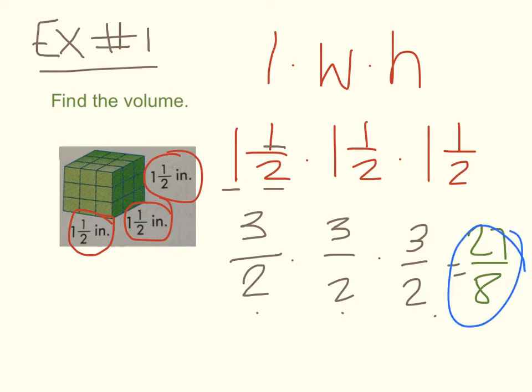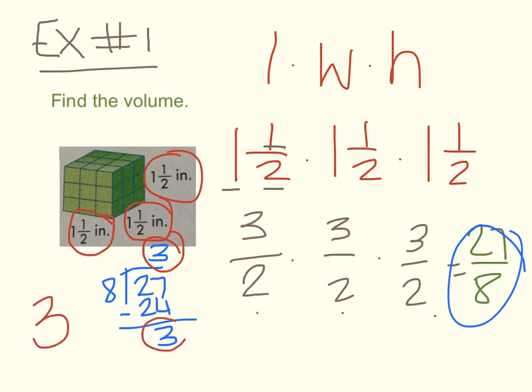Your numerator always goes inside. So 27 divided by 8 goes in 3 times, which is 24. So we have 3 left over. Now we can make this into our mixed number: 3 as the whole number, 3 as the numerator, and 8 as the denominator.